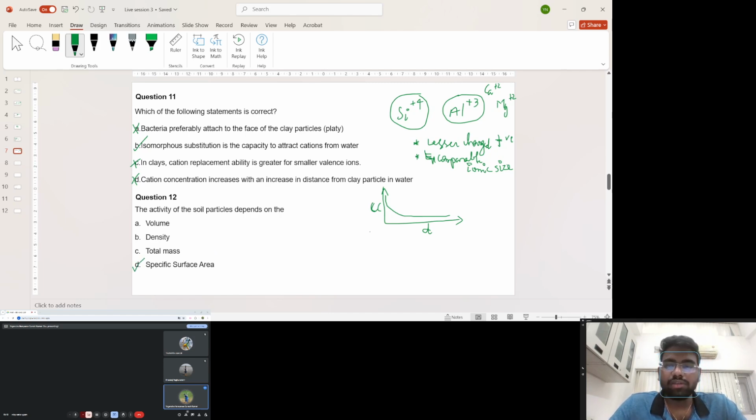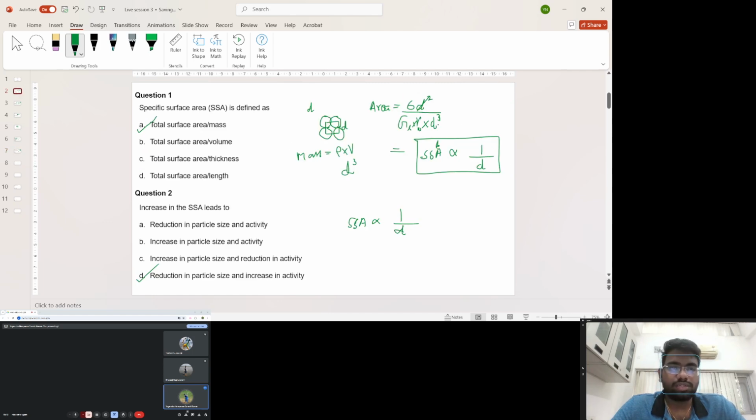Now the question might come, as I think some of them were not present when I was discussing the first question. Specific surface area is defined as surface area by mass. So mass is in turn dependent on density, volume, and so on, area and everything. Subsequently, specific surface area is dependent on total surface area by mass.